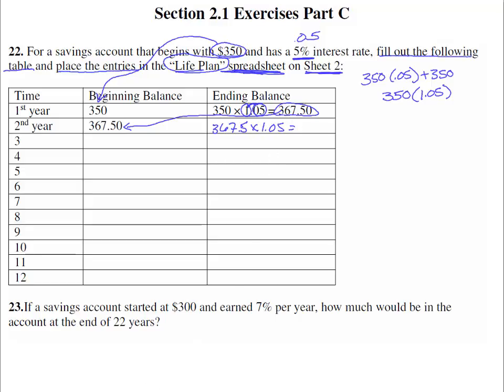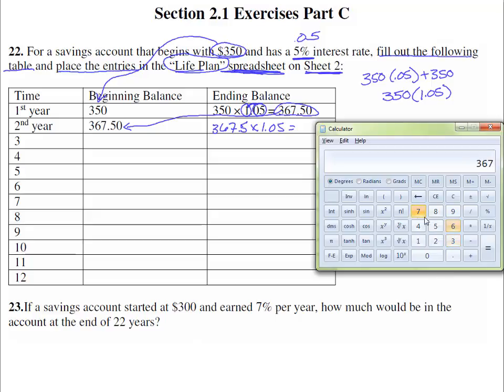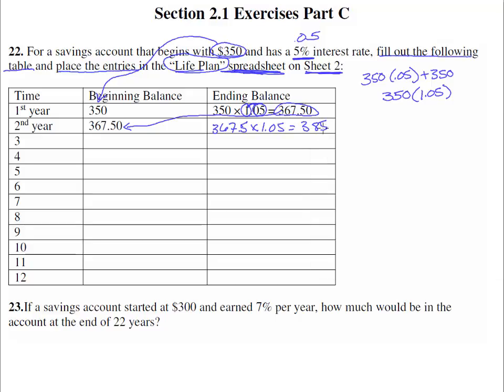Let's get our calculator out and do that. 367.5 times 1.05 equals 385.875. Let's put that right here, 385.875. Well, we would round this to 88 cents if we were stopping right there. Notice that this will go down right there to the next one, 385.88.